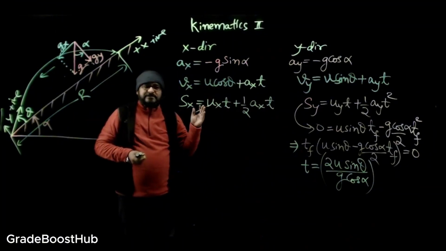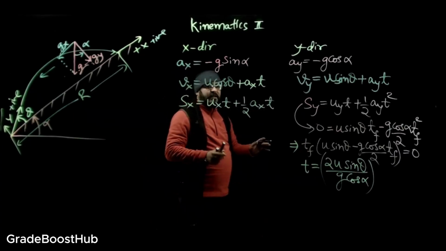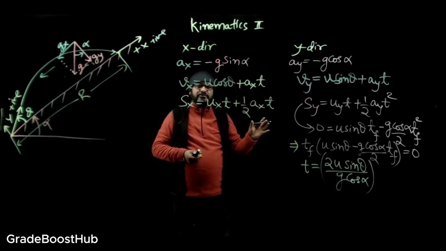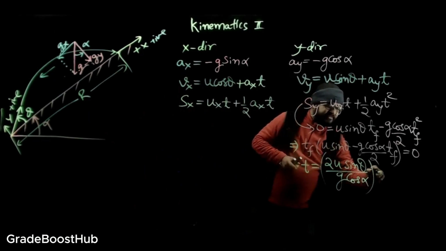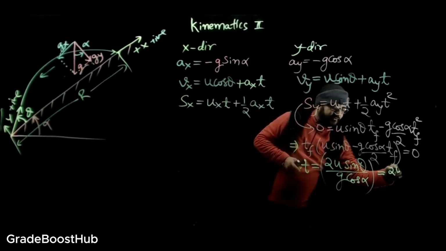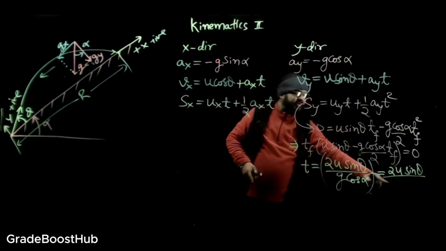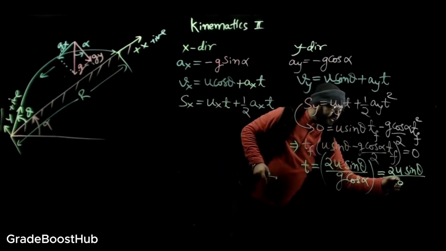And you see, this is different, right? If I had memorized and had not paid attention, I would have made a mistake. But I could memorize smartly. I remember in the symmetric problem, 2u sine theta by acceleration in y direction. You can see this is the gy.